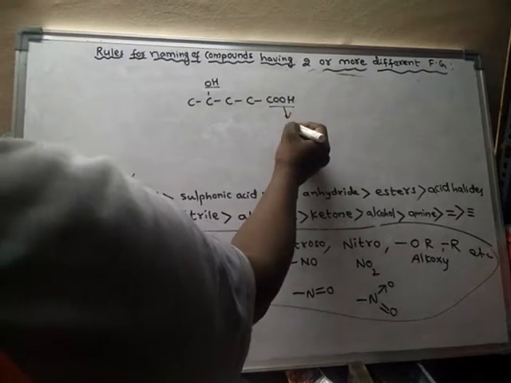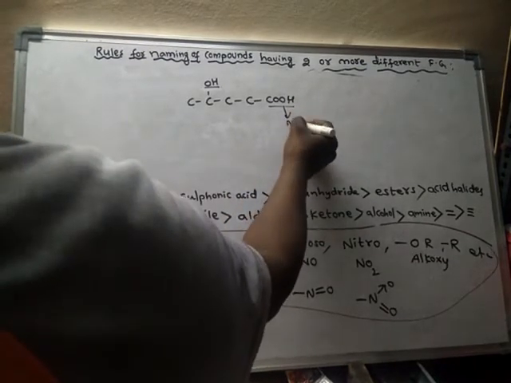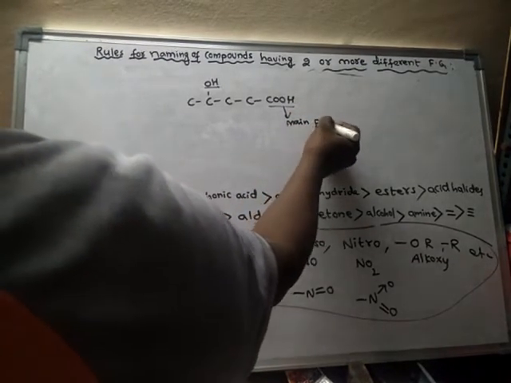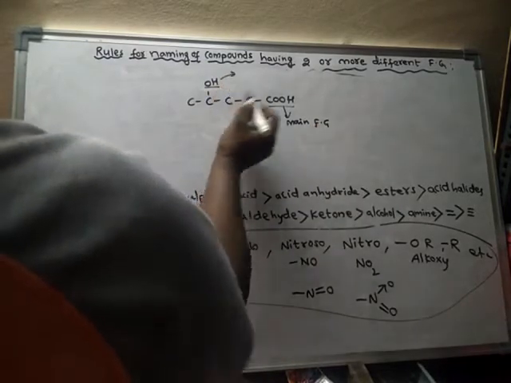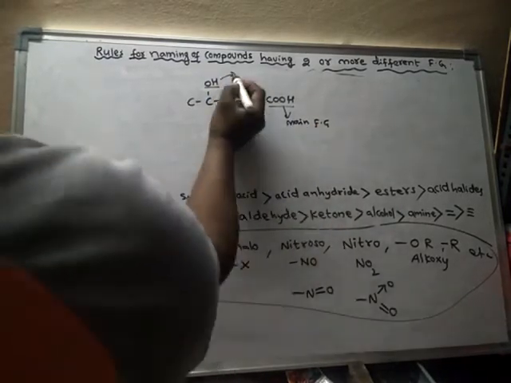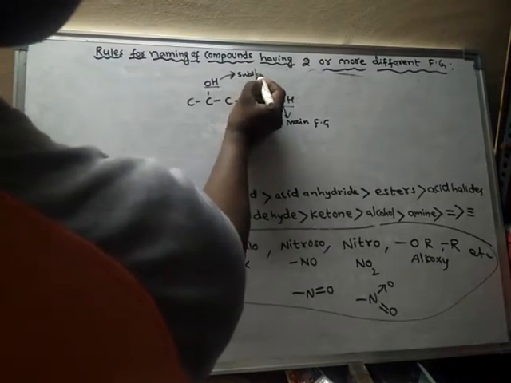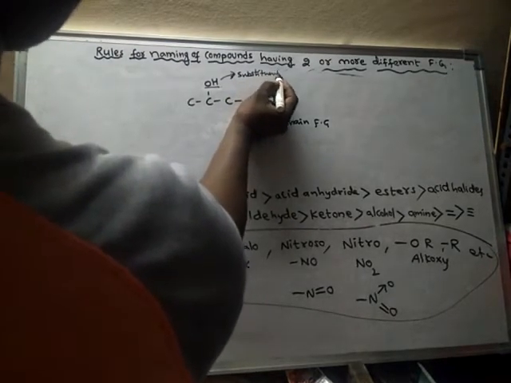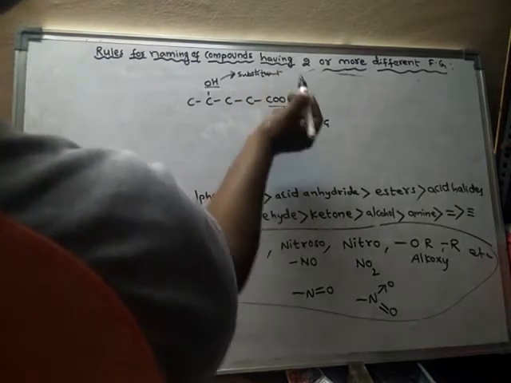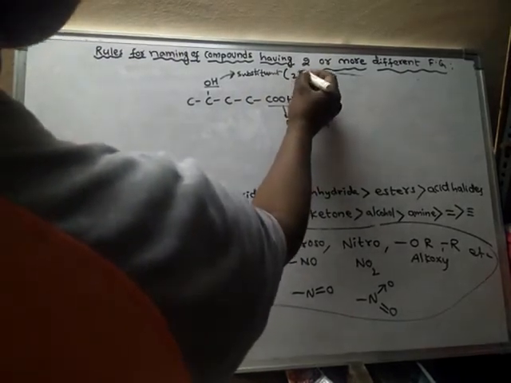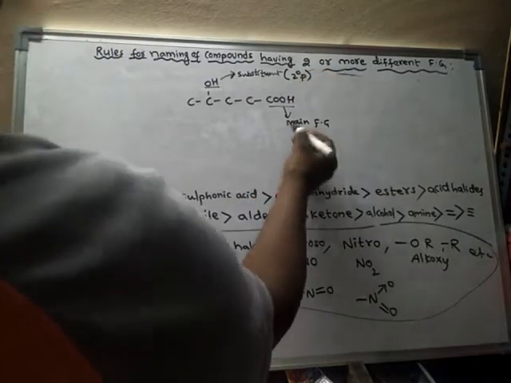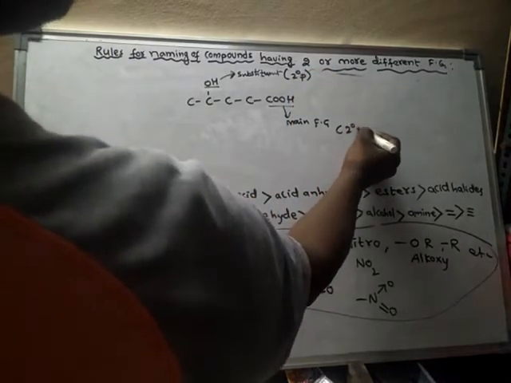Hence it is the main functional group. When the main functional group is there, then the other functional group will become the substituent. All substituents are written as secondary prefixes and the main functional group is written as the secondary suffix.